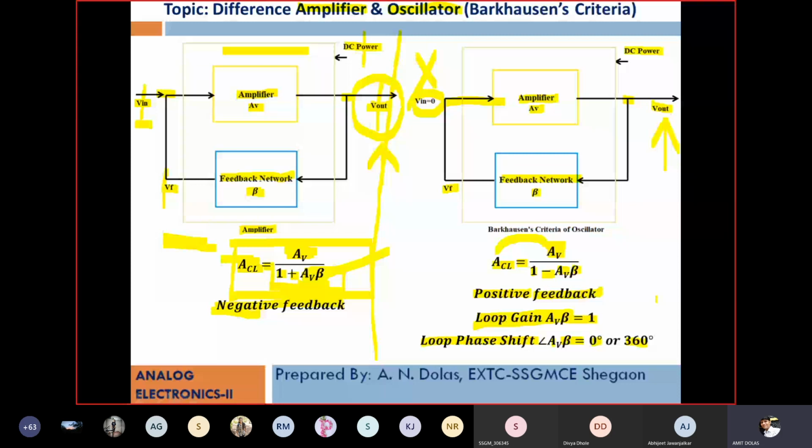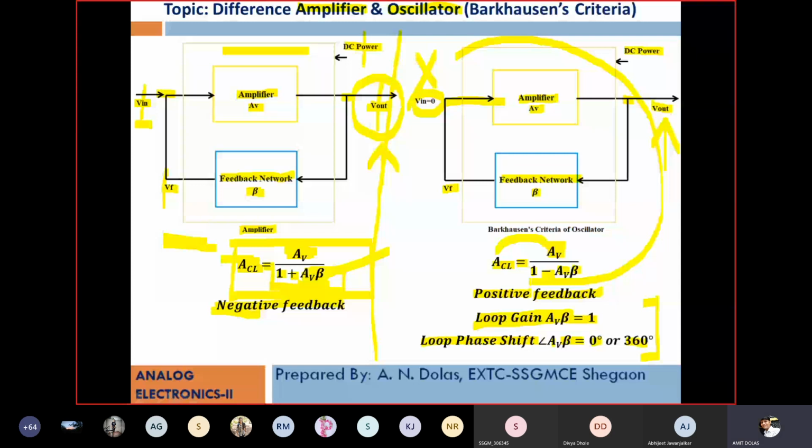So if these two conditions are met, AV beta is equal to 1 and angle of AV beta, that is the loop phase shift, is equal to 360 or 0, then the system becomes highly unstable.